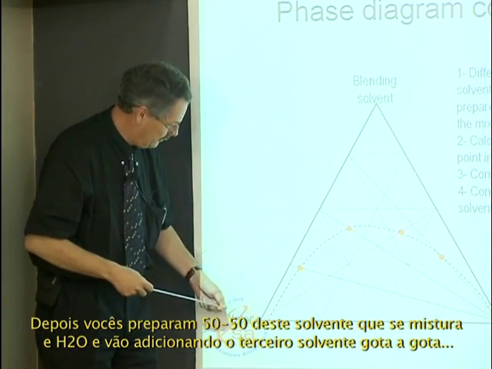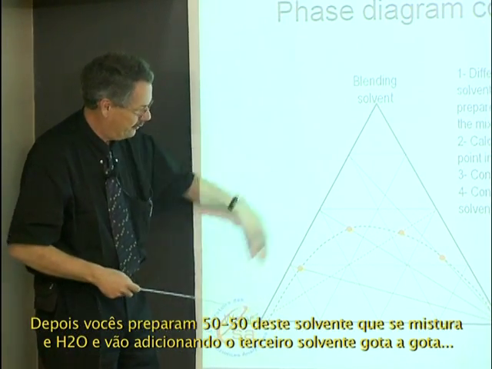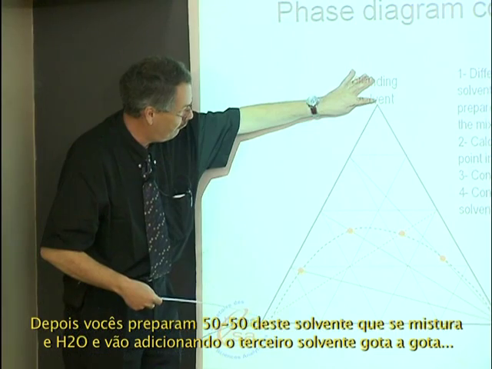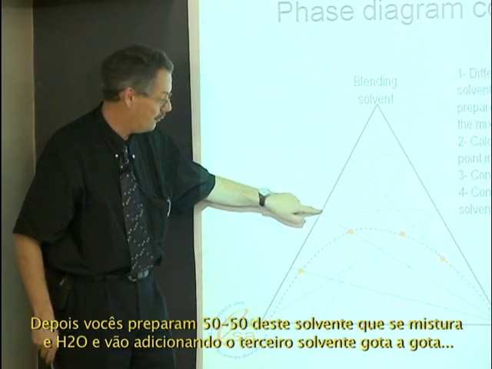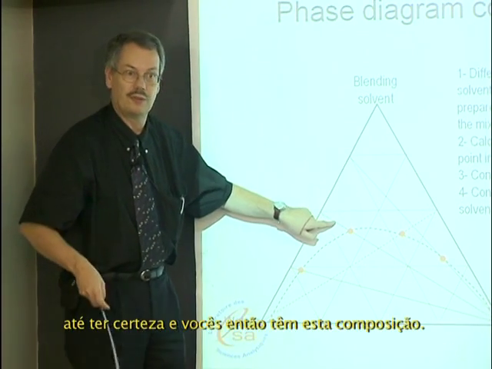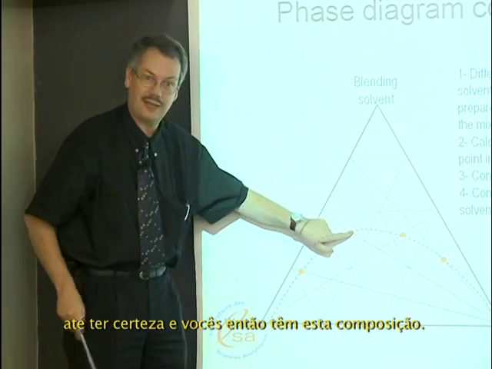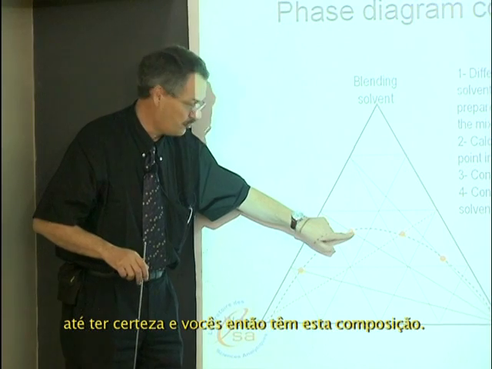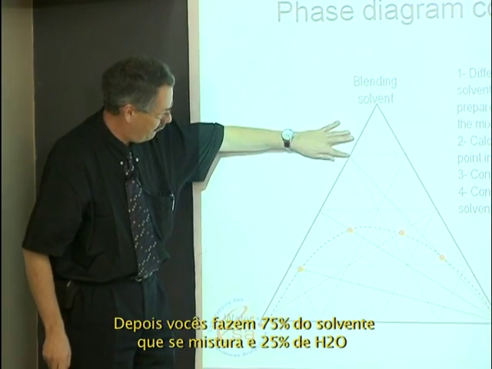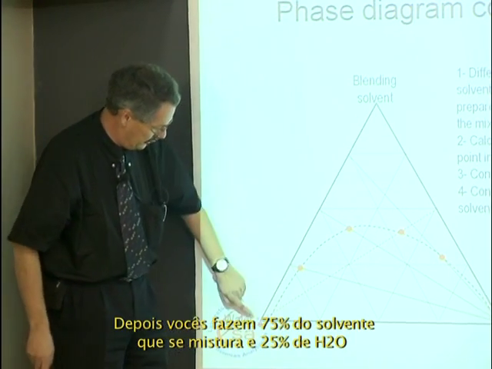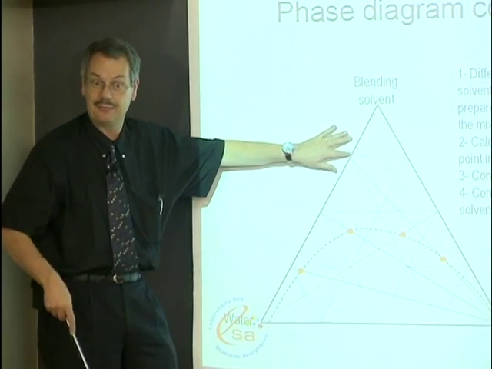Then you prepare, for example, on this rapid drawing, 50-50 of blending solvent and water, this point. And same, you add one drop, two drops, drop, drop, drop. At one time it becomes cloudy, one more drop to be sure, and you get this composition. Then you make 75% blending solvent and 25% water, and same.